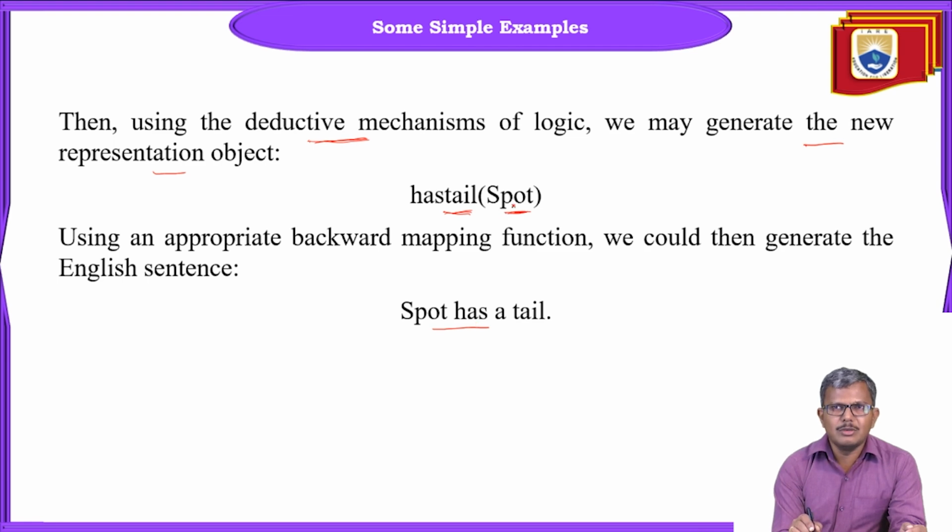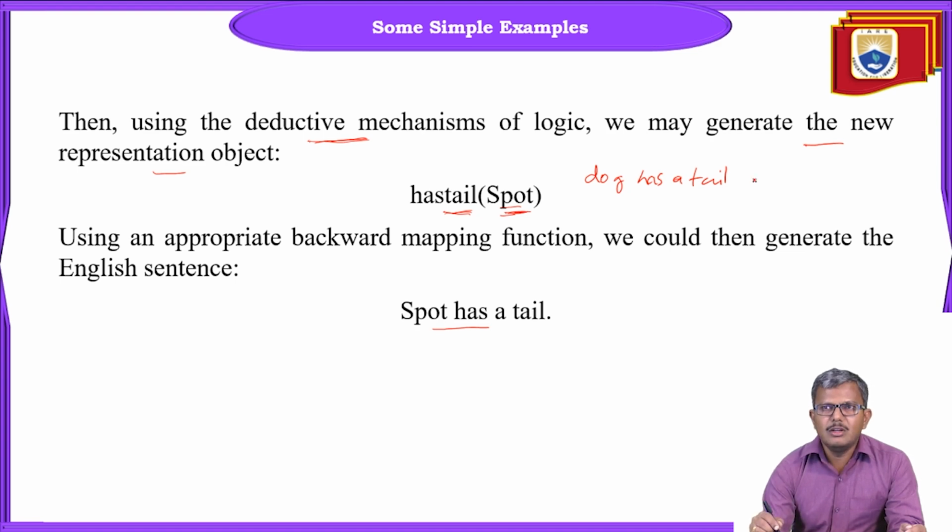I am repeating the same sentence once again. Spot has a tail. So this is the representation we are doing. But initially, we said Spot is a dog. When Spot is a dog, that means we can say that a dog has a tail. So we are trying to deduce more knowledge from the existing one.